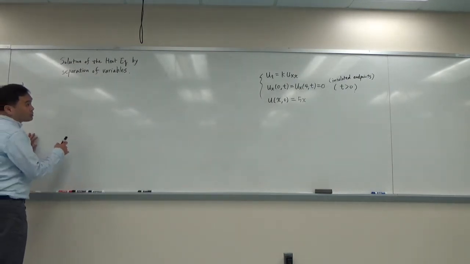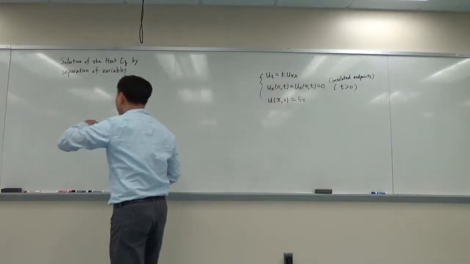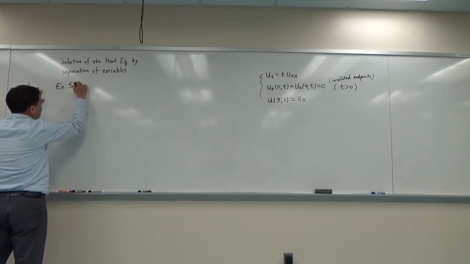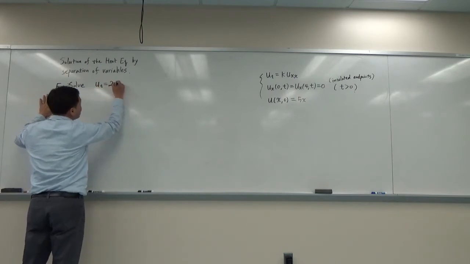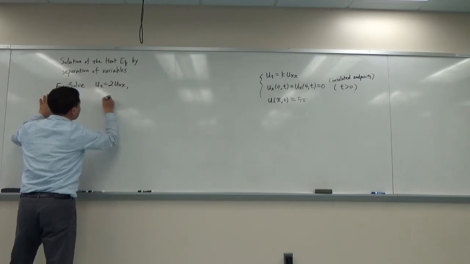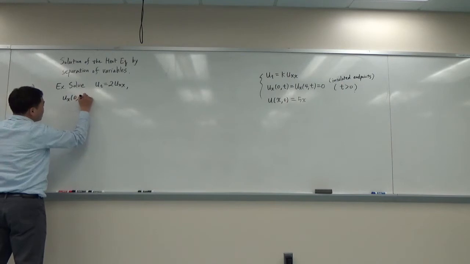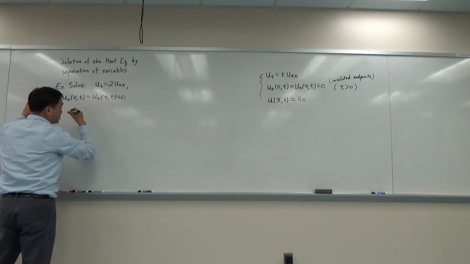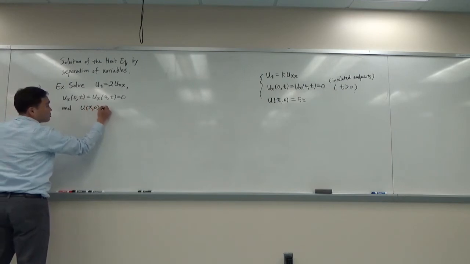And I'm going to just write this, but I'll give you a specific value of k because that makes it easier to think. So for example, solve u_t = 2u_xx, with u_x(0,t) = u_x(4,t) = 0, and u(x,0) = 5x.